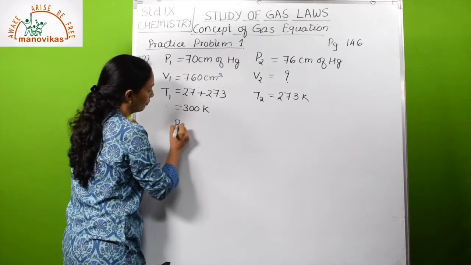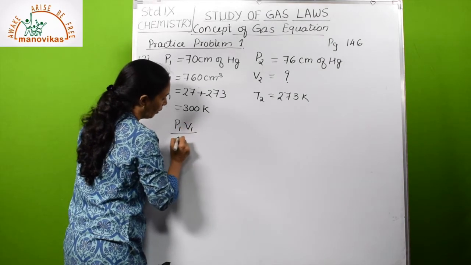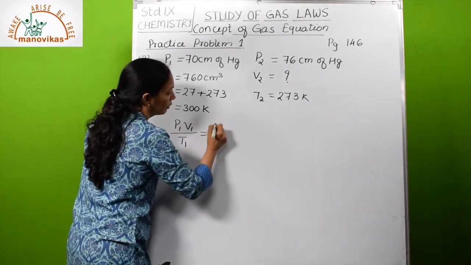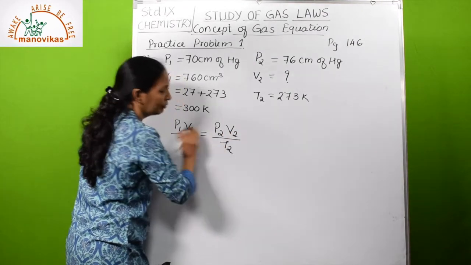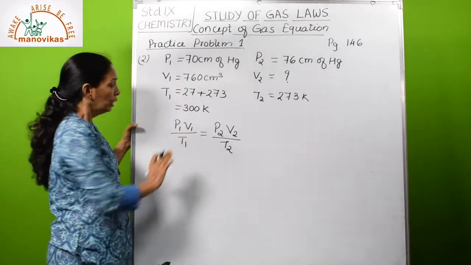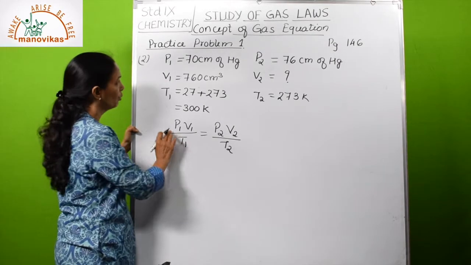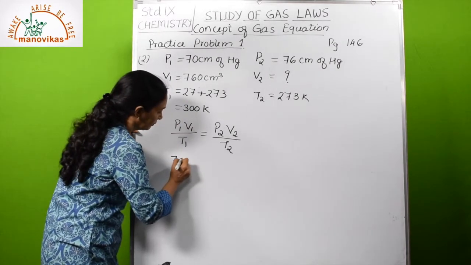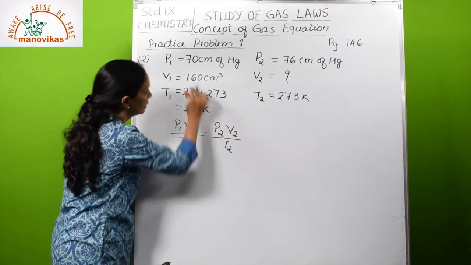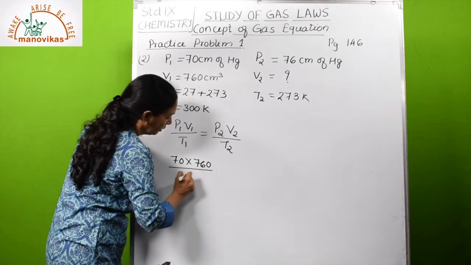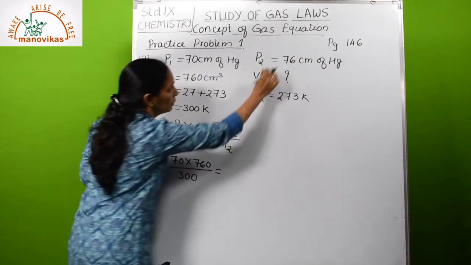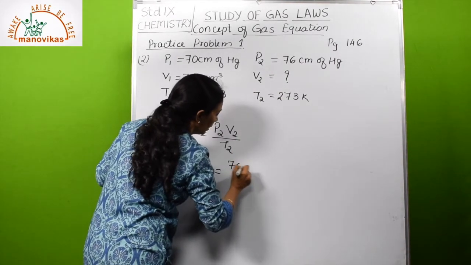Next step is to write the formula. What is the formula? P1 V1 upon T1 is equal to P2 V2 upon T2. This is enough. You don't have to write in words. Write this and substitute the values. What is P1? 70. What is V1? 760. What is T1? 300. What is P2? 76.